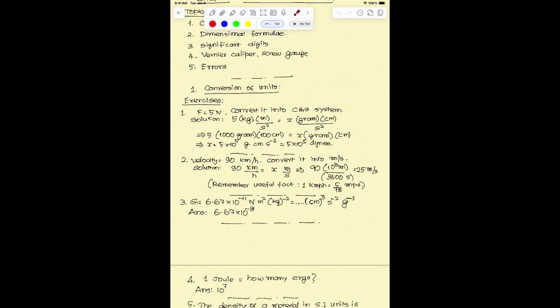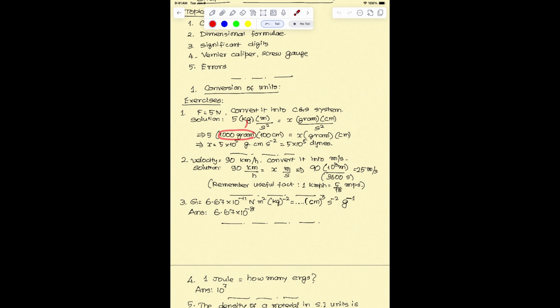To solve it, we have to cancel the units on the left hand side as well as the right hand side. Either you convert the kg into gram or the gram into kg, but usually it is easier to convert kg into gram, because kg we can write as 1000 gram. Instead of writing 1 gram equal to 0.001 kg, which is decimals, working with decimals is a little cumbersome as against working with the full number. Therefore, it is preferable to convert the kg into 1000 gram.